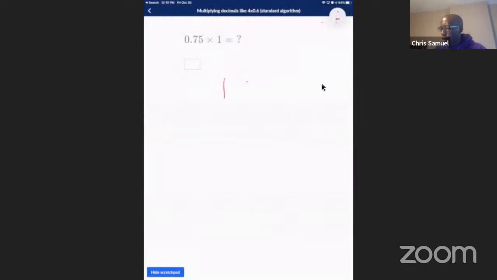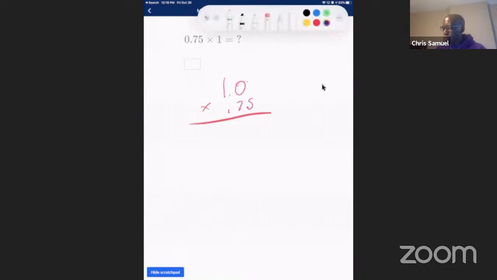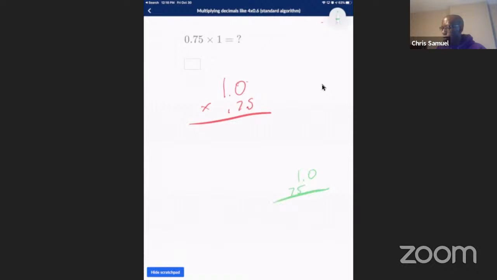So I have here, I always go to 1.0, and you have 0.5, and this is very similar to multiplying 1 times 75, where you would get 75, right?